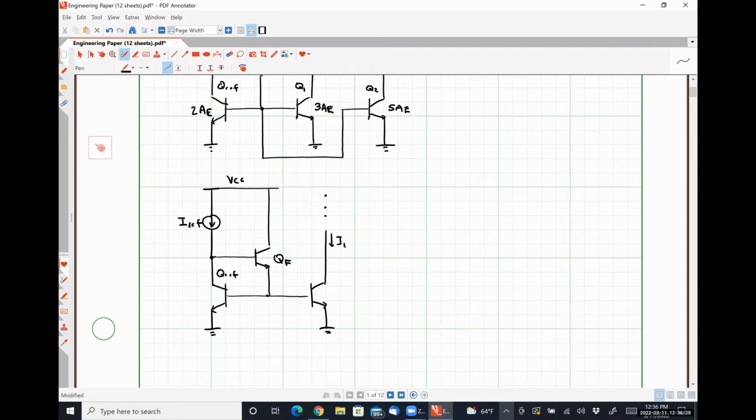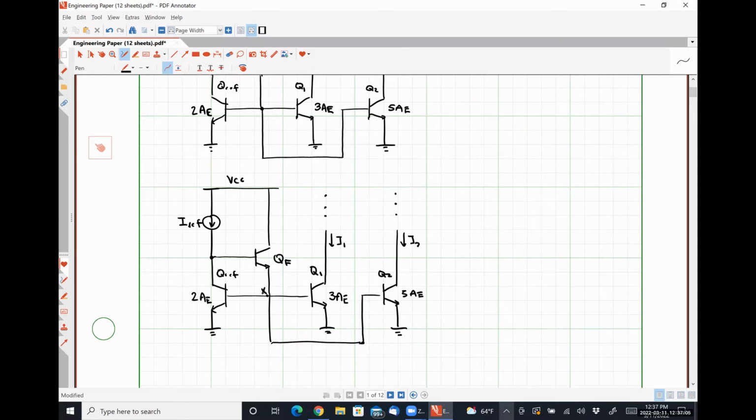Here's I1. This transistor had an area of twice AE. This one had an area of 3 AE, where this guy was Q1. This guy had an area of 5 AE, carrying a current of I2, which makes this Q2. And our bases need to be connected together.